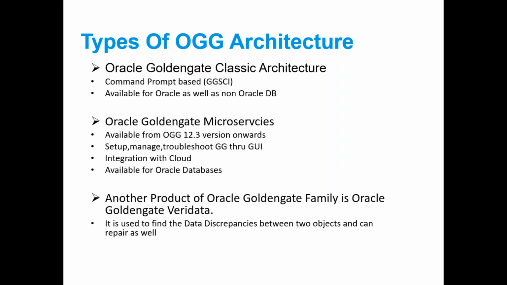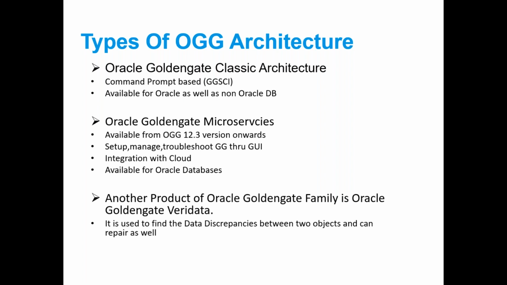Still, classic architecture is the most dominant player in the market. If you go out into the market, 80 to 85% of organizations use classic. In fact, when I go to any organization nowadays, I still see classic. A couple of years back, if I was working on 100 implementations, I used to see 4 or 5 microservices.